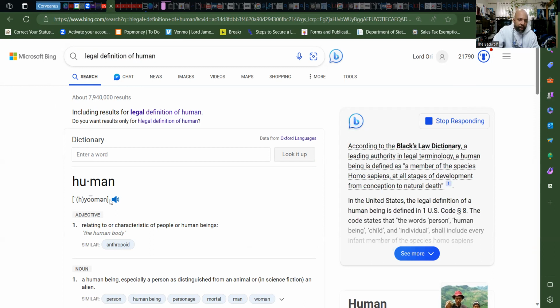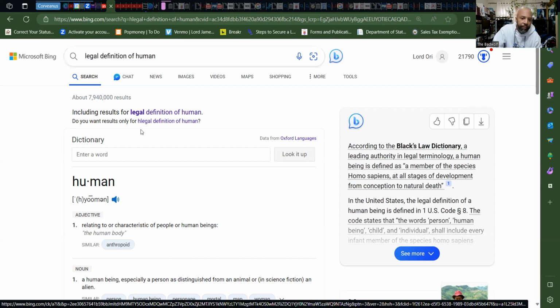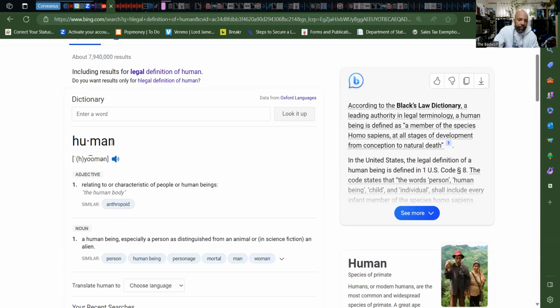So a human. Human. Relating to or characteristics of, so not the same, but characteristics of people or human beings. Now, see here where they put the word beings?